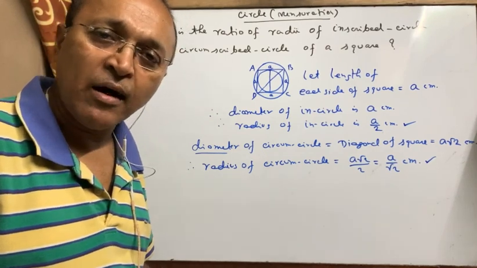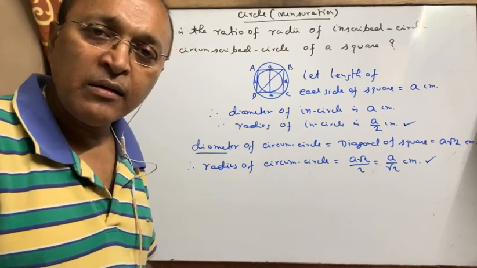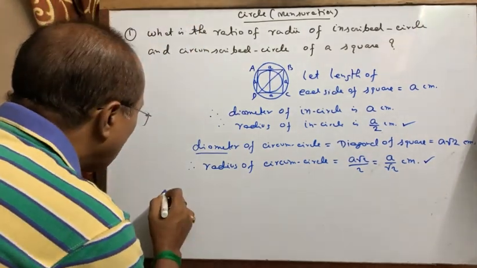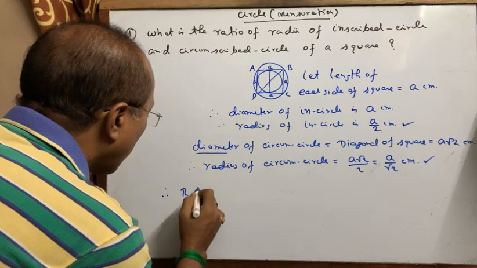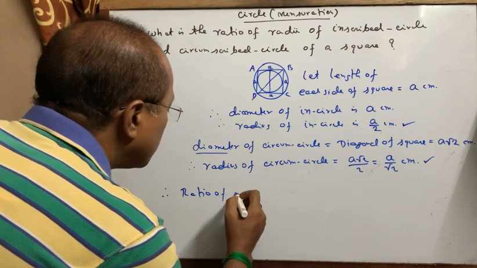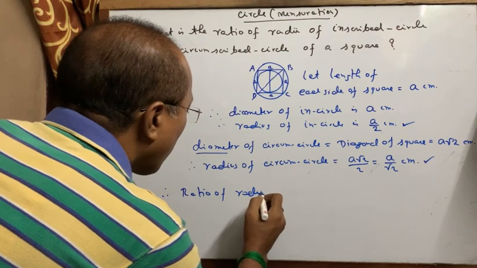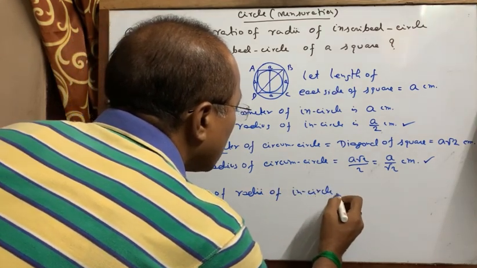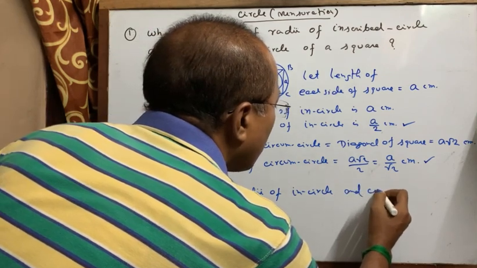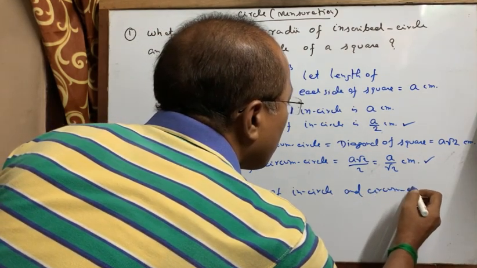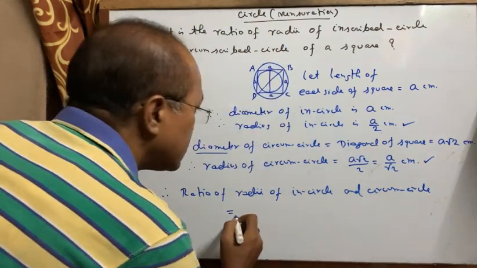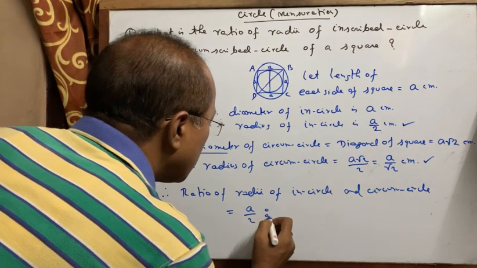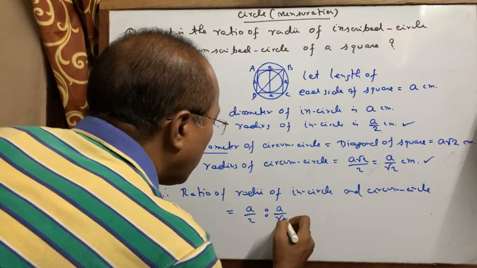Now we have to find the ratio of radii of the incircle and circumcircle. Therefore, the ratio of radii of the incircle and circumcircle is equal to a by 2 is to a by root 2.